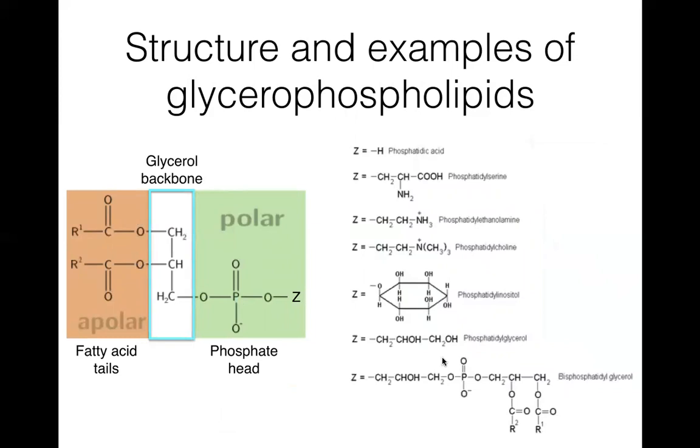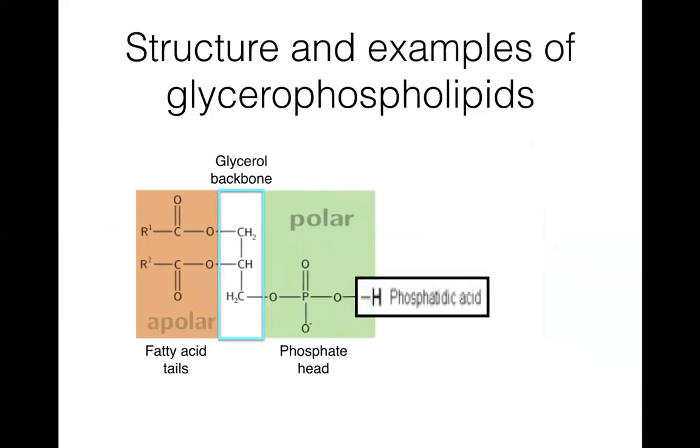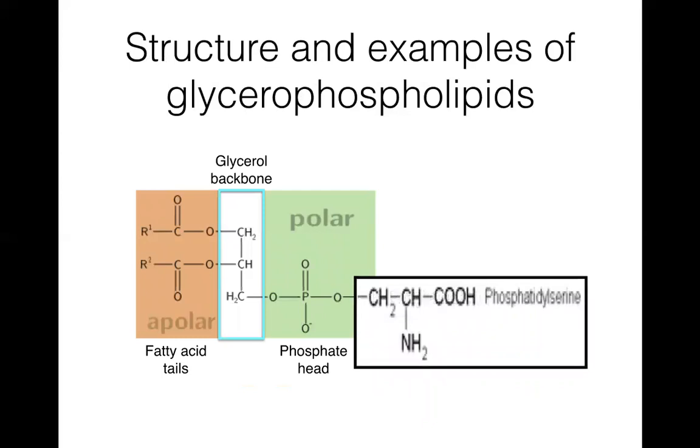So here are some examples. Well, the simplest is called a phosphatidic acid. The head is nothing more than a phosphate. Another kind of glycerophospholipid contains an amino acid called serine, as shown here.